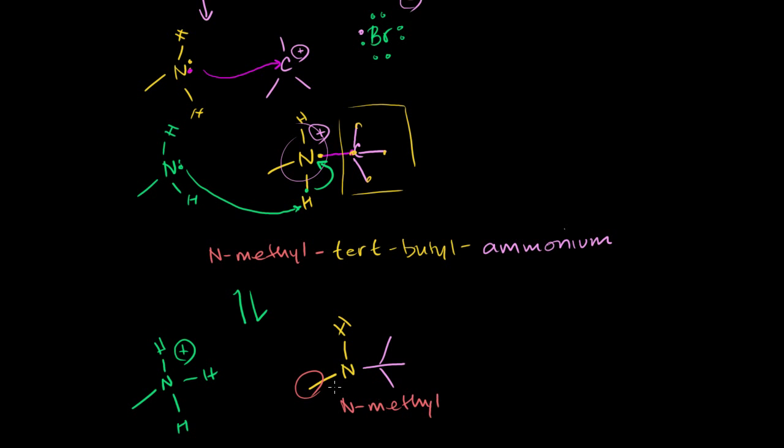Once again, the N tells us that this methyl group is bonded to the nitrogen. N-methyl tert-butyl. And now instead of calling it butyl ammonium, and actually we didn't have to have this dash over here, it's now butylamine. Tert-butyl, and then obviously, because we have that nitrogen there, butylamine.